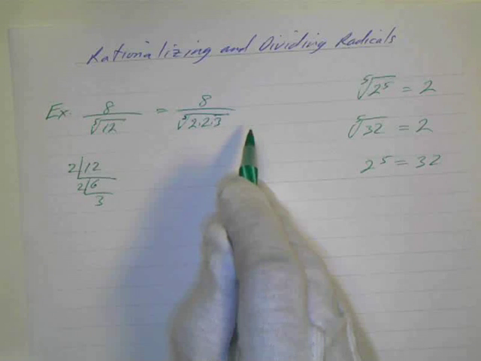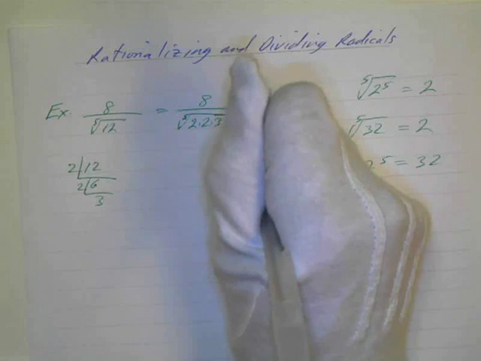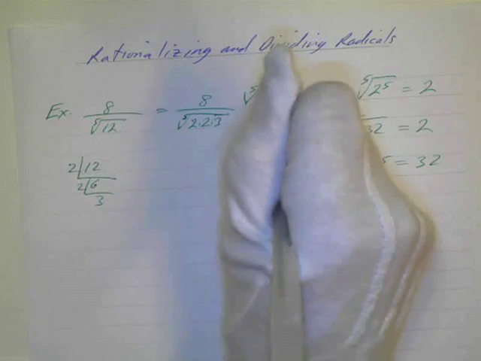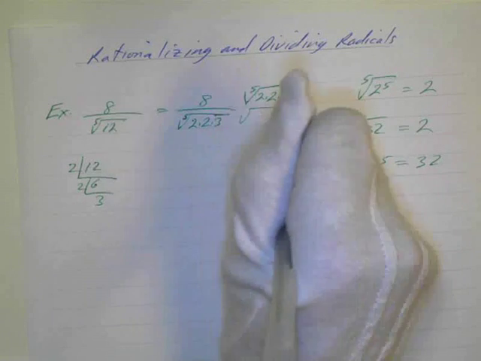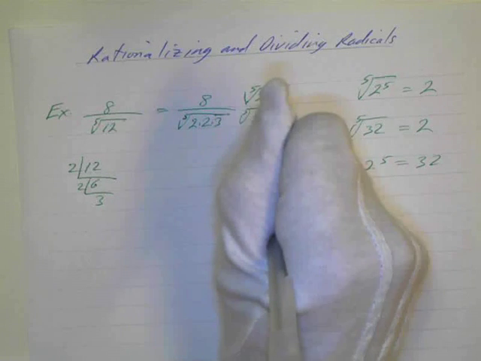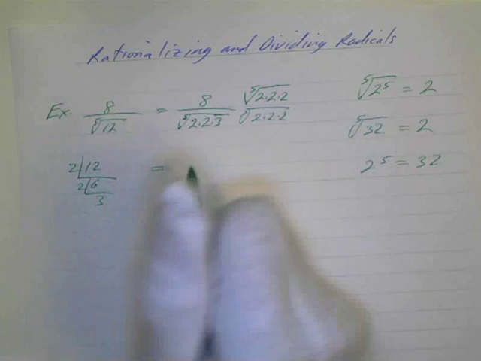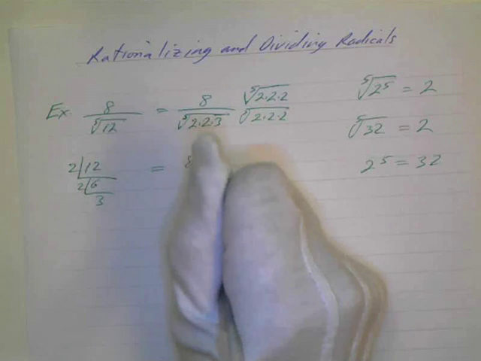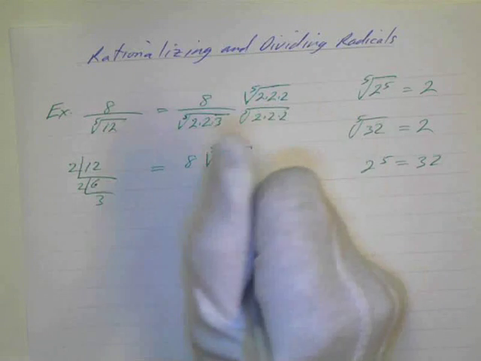So really what I have to multiply is by 3 2's. So I can multiply the top and the bottom by the fifth root of 2 times 2 times 2, which is just 8. But I can write it as those 3 2's. Now when you do that, you have 8 and the fifth root, and that's 2 times 2 times 2, which is 8.